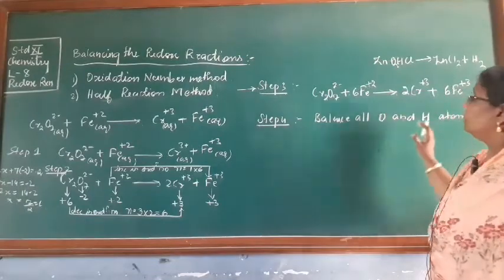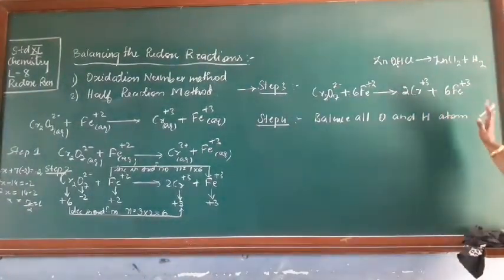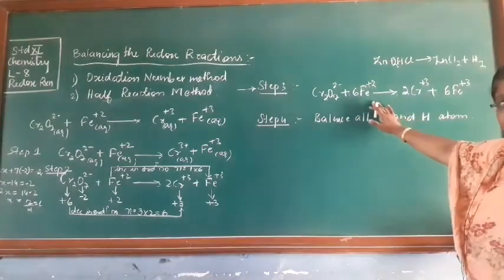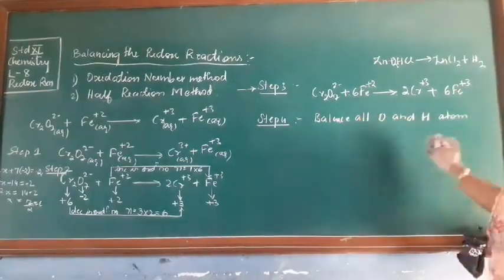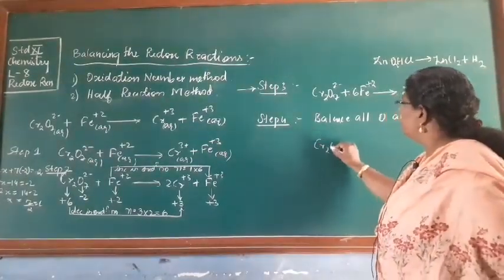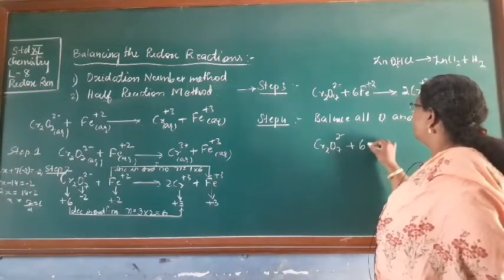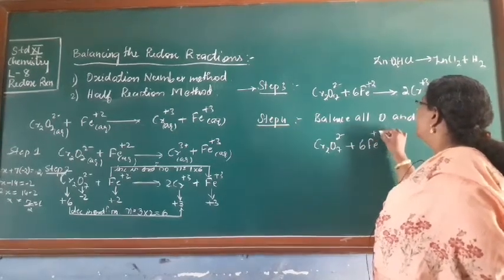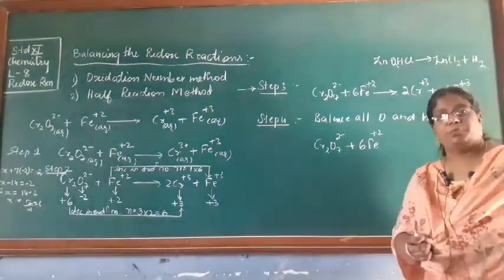So in this equation, do you find hydrogen atom? No. Do you find oxygen atom? We have oxygen atom here on the left hand side. So let us balance the oxygen atom. Okay. So Cr2O7. How can you balance the oxygen atoms when we don't have oxygen atoms at all? For that you have to take the help of H2O and H plus.